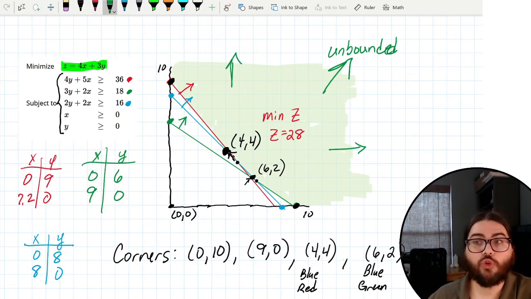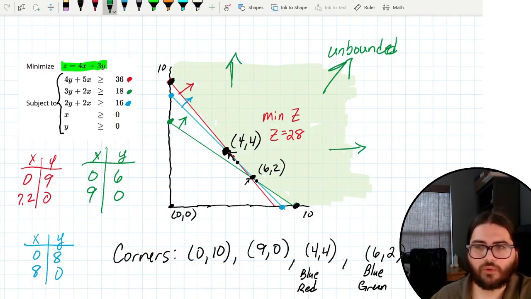If I were asking you to maximize, the answer would be different. The answer would say, yes, it is better forever to make x bigger. Right? And so no matter which corner point you found was the maximum, and we did find a maximum down in the table, I would say, well, that doesn't matter because you could always increase your x value or increase your y value and be better. Right? My answer at that point would say the maximum does not exist.